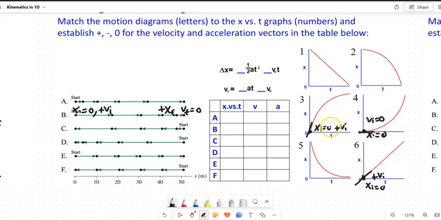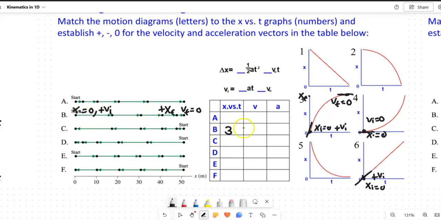Okay, and then later on, the final position is positive, and the slope there is going to be 0. So it looks like number 3 matches B.